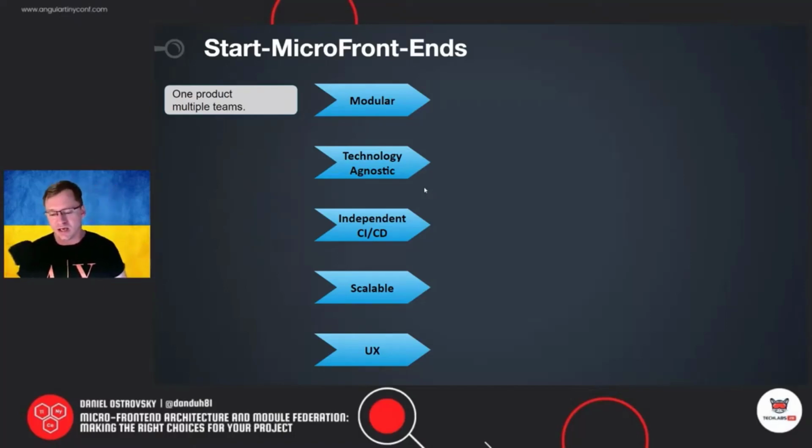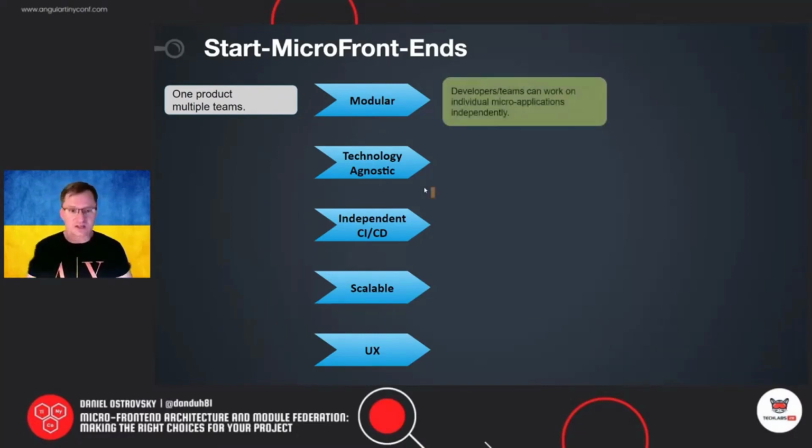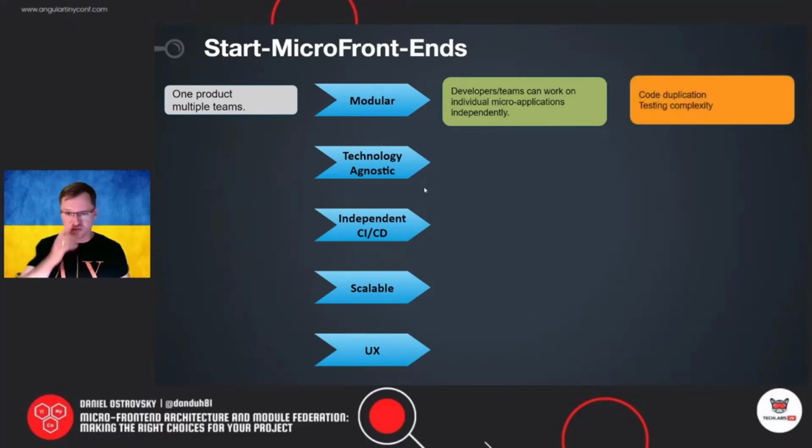Okay, and having micro-frontends where each one of the teams is dedicated to a specific micro-frontend is a great thing. So it allows developers or teams to work individually on micro-applications independently. The disadvantage of this is, of course, code duplication, testing complexity, and other stuff around it.